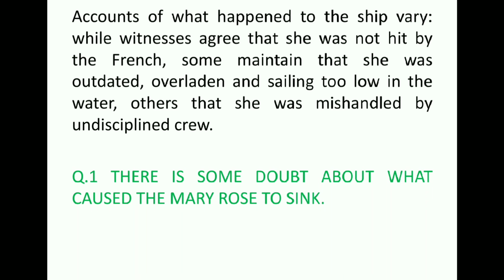Question number 1. There is some doubt about what caused the Mary Rose to sink. Okay, now let's read the passage. Accounts of what happened to the ship Mary Rose: while witnesses agree that she was not hit by the French, some mention that she was outdated, overloaded, and sailing too low in the water. Others say that she was mishandled by an undisciplined crew. Okay. There is some doubt about what caused the Mary Rose to sink.